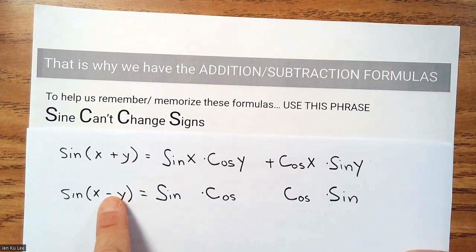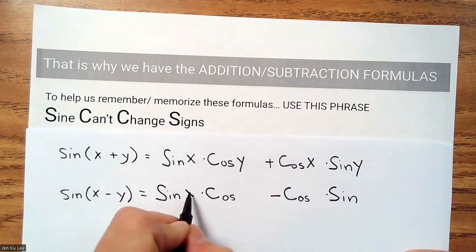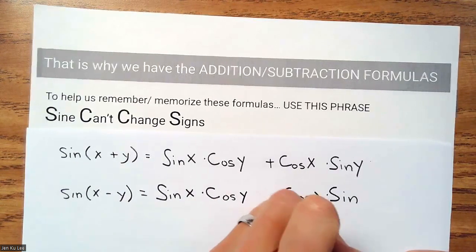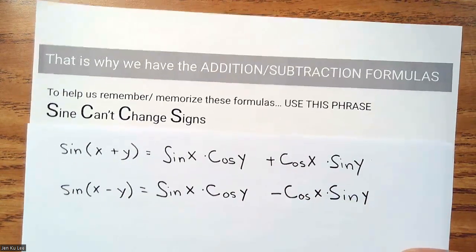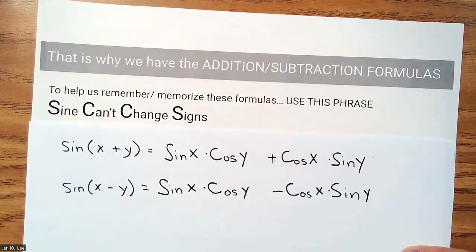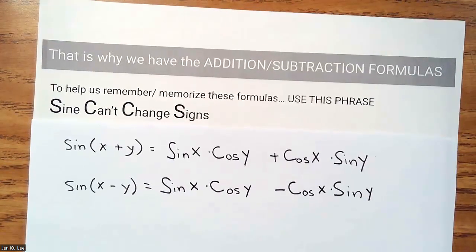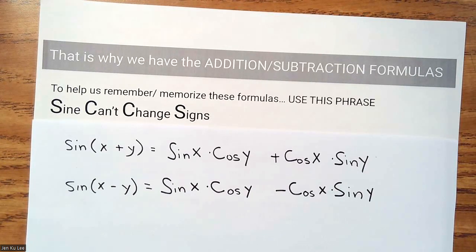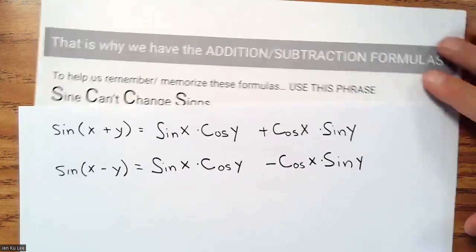It can't change the sign, so if that's a plus or that's a minus, this is also going to be a minus, and then alternating the angle measures. Cool? That's how "sine can't change signs" helps us derive the formula. Okay? Questions on that?